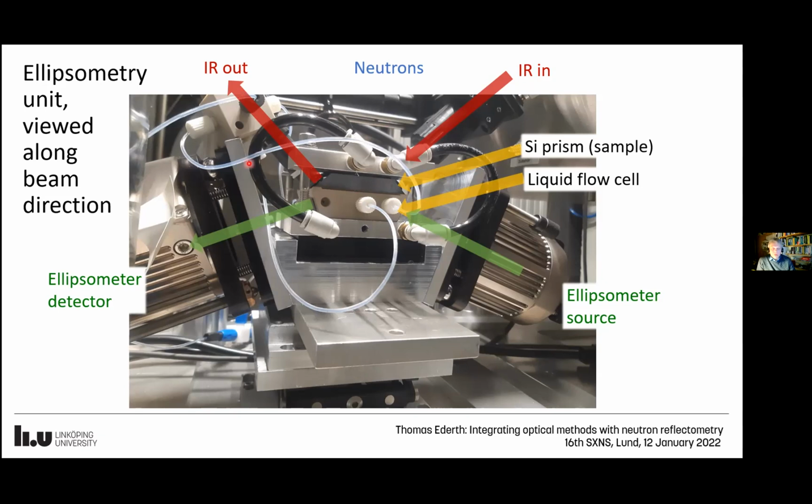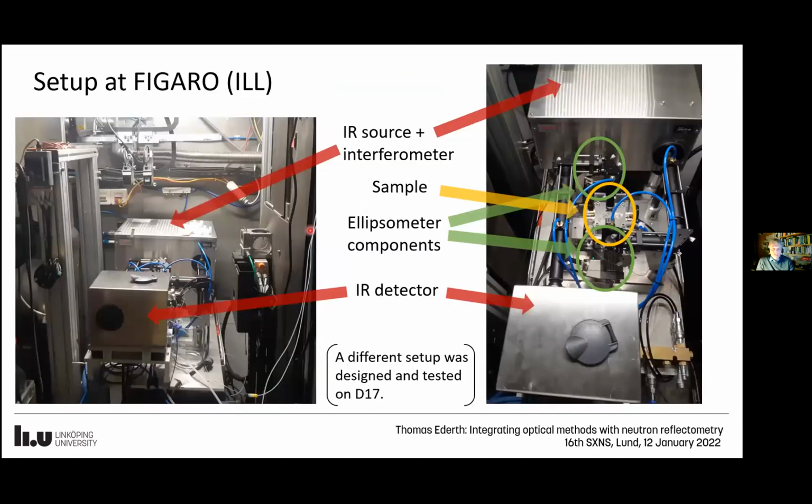This whole system, with the ellipsometry part included, and the neutrons coming, we were looking pretty much down the beam direction. This is included in the infrared setup, where it's more or less confined between two big boxes, the source and interferometer box and the detector box.